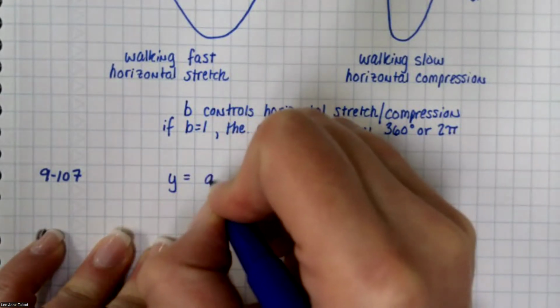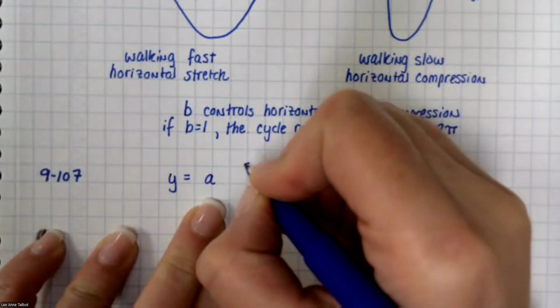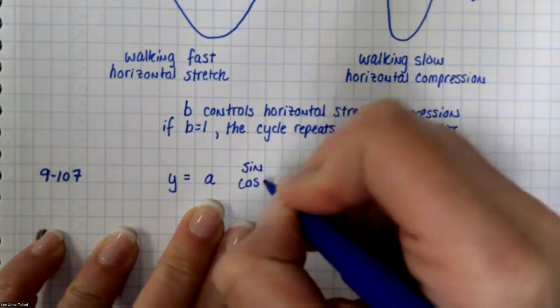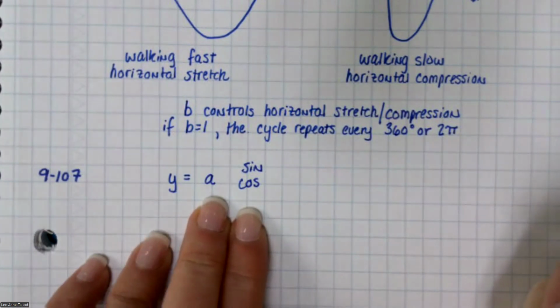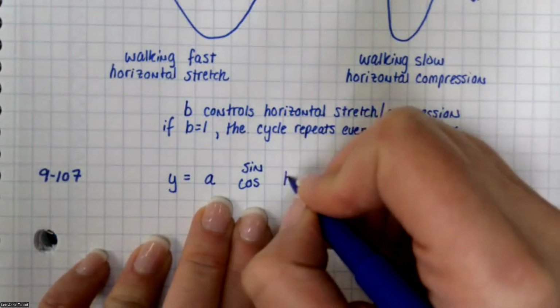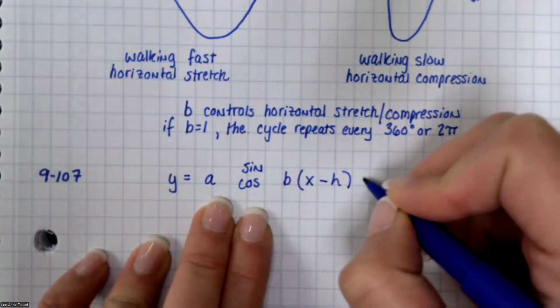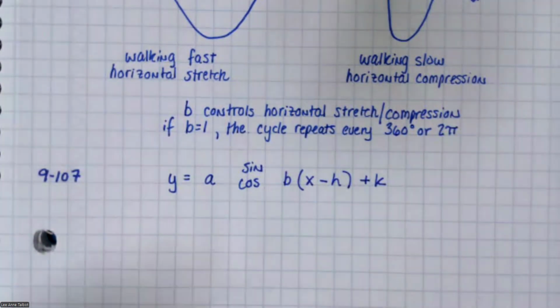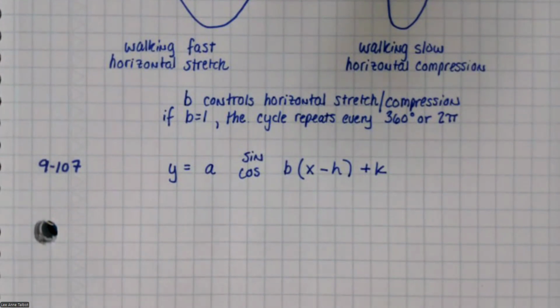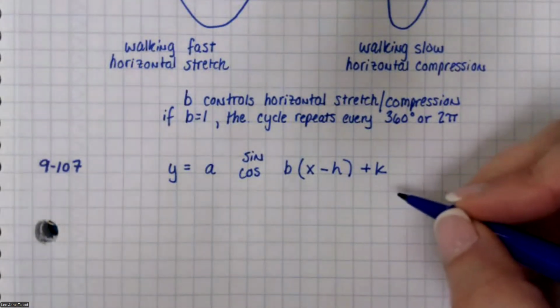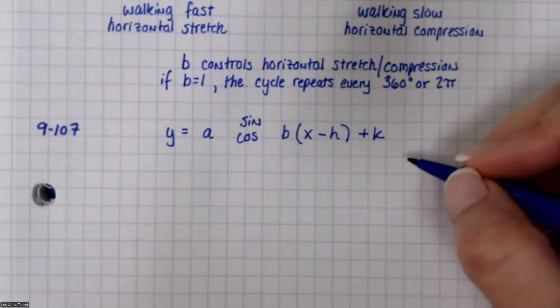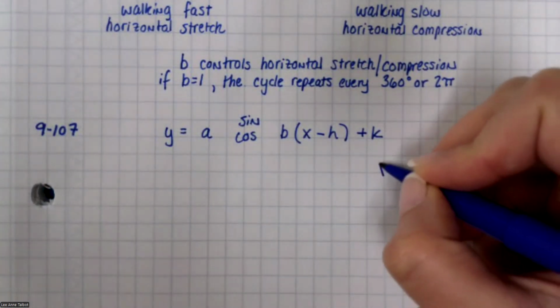So y equals a, sine or cosine of b times (x minus h), plus k. Okay, so we're going to start by labeling the stuff that we know that's really easy. We're going to start with K.